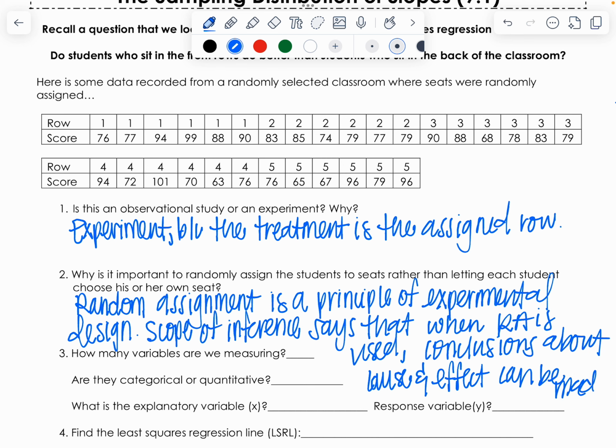Remember, random samples, that's the population. Random assignment, that's cause and effect.